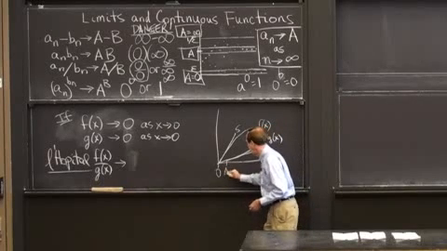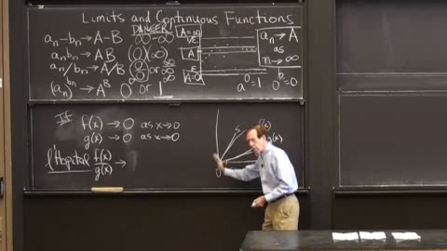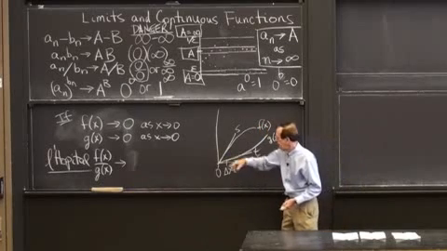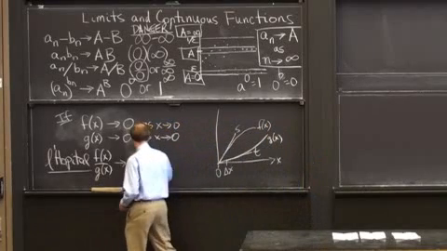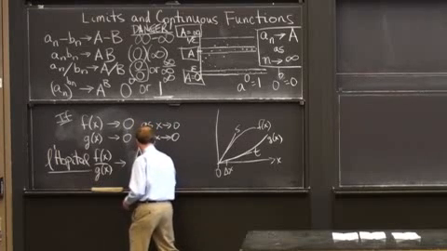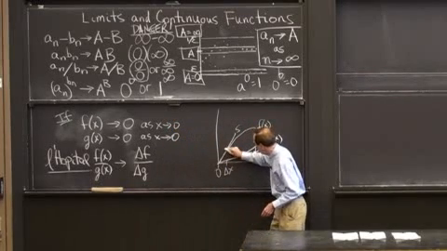Maybe I call that delta x, just to emphasize that I'm looking really near 0. And that f of x is really going to be delta f. And that g of x is really going to be delta g. Because, let me draw the picture. Delta f is that height.